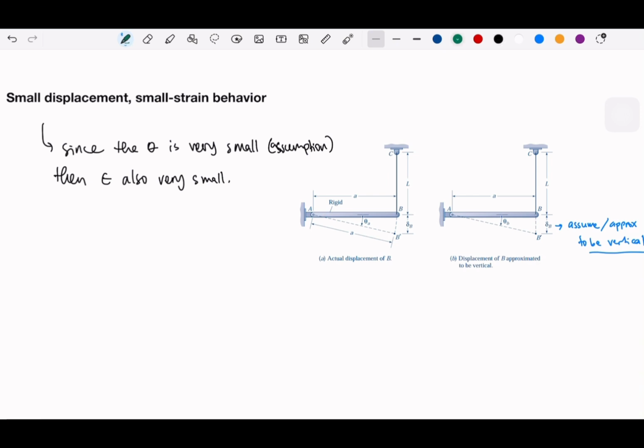And this is the normal behavior in structural engineering.